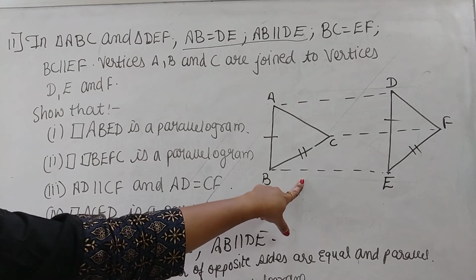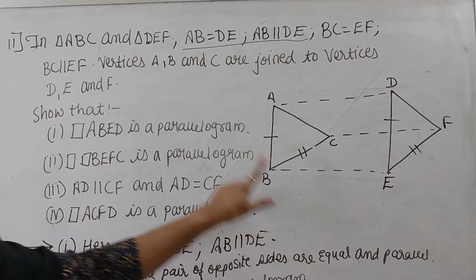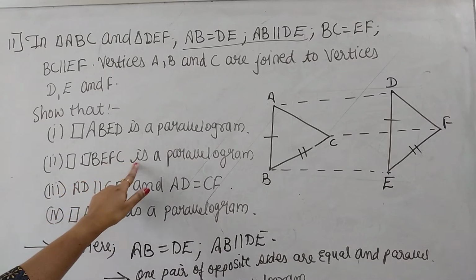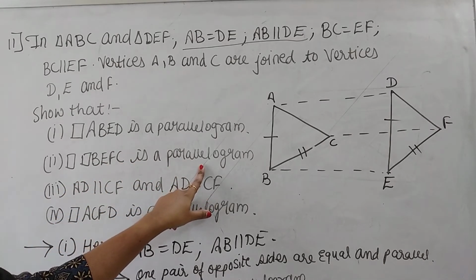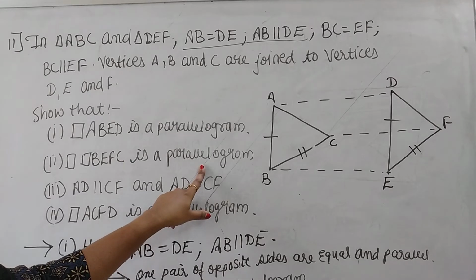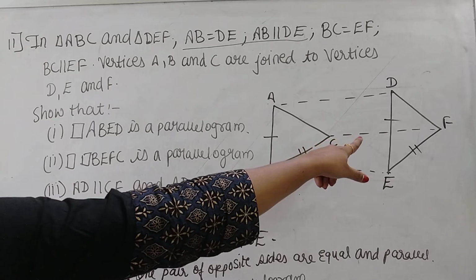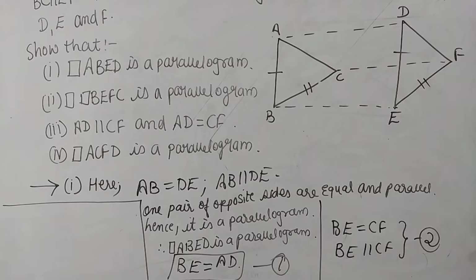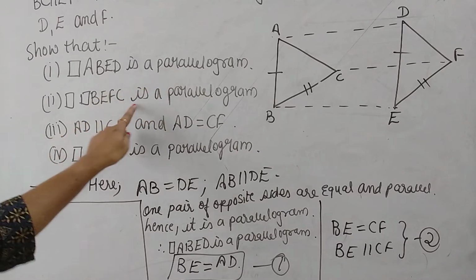The same method you are going to write: one pair of opposite sides is equal and parallel, hence your BEFC is a parallelogram. And in a parallelogram opposite sides are equal, so therefore we are going to consider that BE is equal to CF. That will give equation 2. So as you can see, we have proved ABED is a parallelogram, BEFC is a parallelogram.